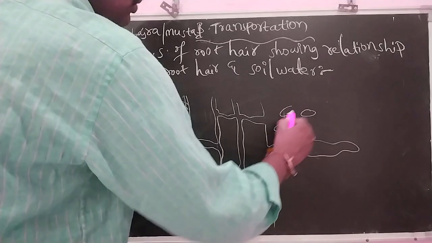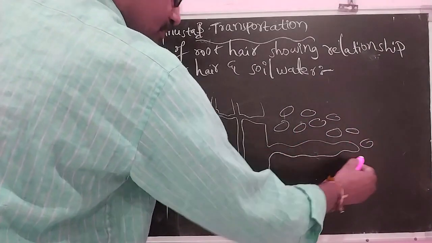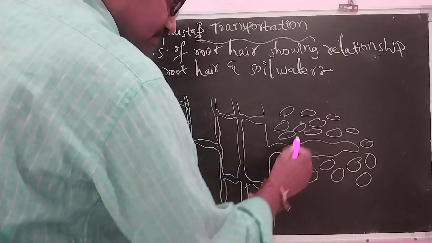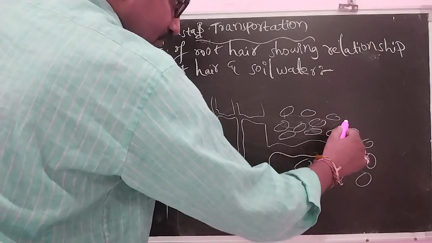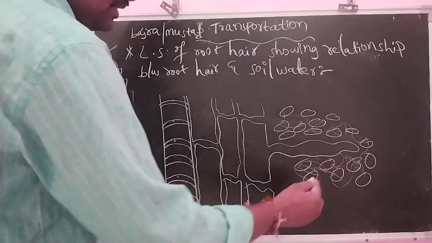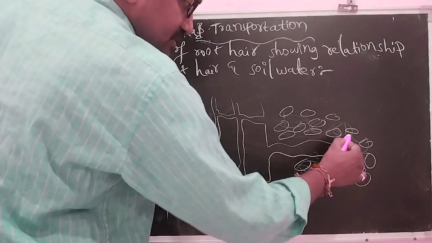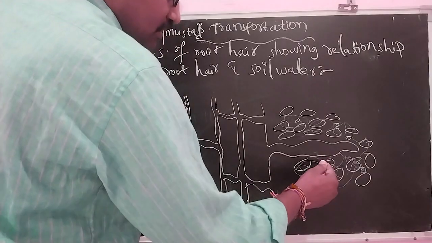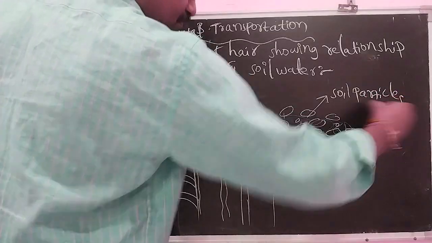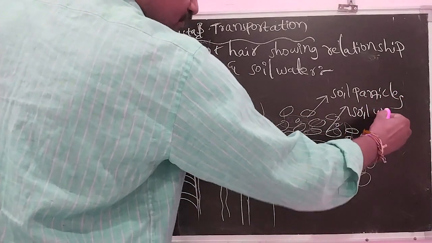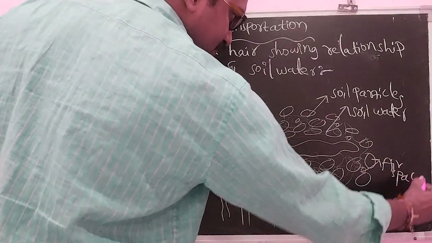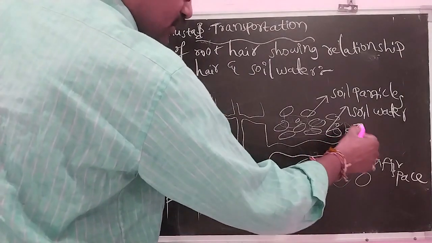The root hair is surrounded by soil particles, and water is present between the soil particles. There are also air spaces between the soil particles. Soil particles, soil water, air space, and this is the root hair.